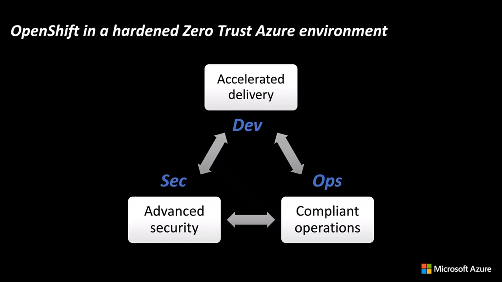In fact, it actually made it more efficient and faster for us because advanced security and compliant operations were baked in from the very beginning of the development lifecycle. So it allowed us to focus on what mattered, which is developing and delivering our application. So we hope we were able to get across tonight how heavily invested and passionate we are about accelerating this developer journey.